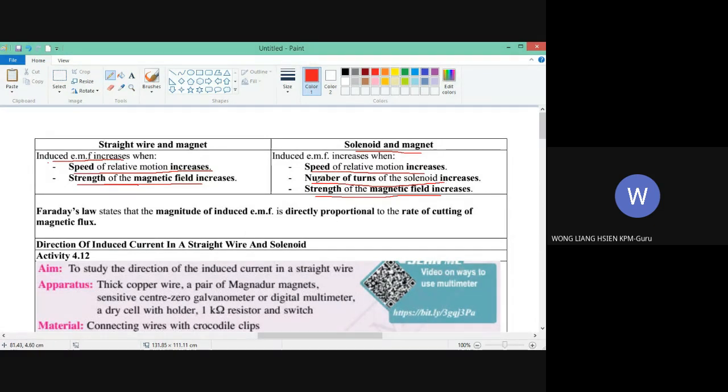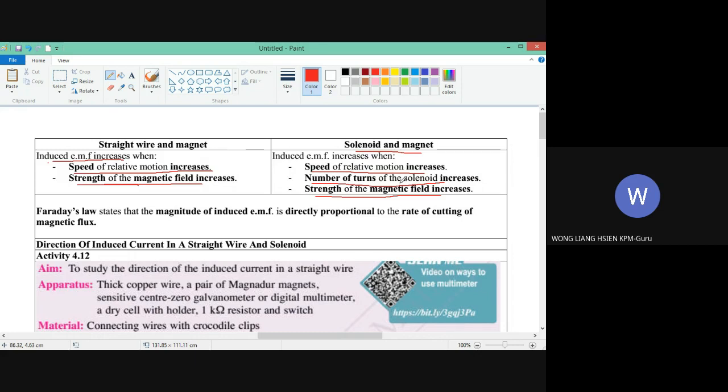But the number of turns actually has nothing to do with electromagnetic induction. It's just that we use the concept of a series circuit. You connect many coils in series, then all the coils add together and you get a higher EMF. So that has nothing to do with electromagnetic induction.